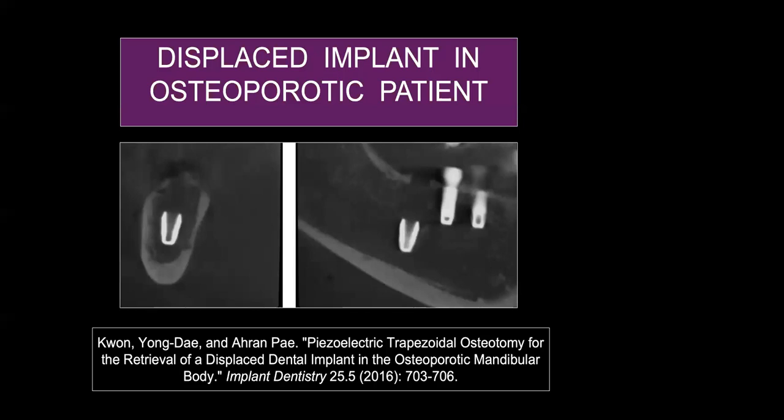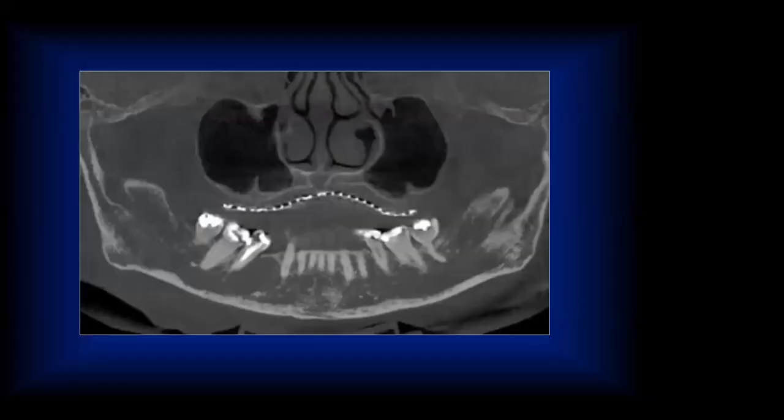Because of the poor cortical and trabecular bone, the implant actually was displaced inferiorly into a vital structure, the mandibular canal. So it does happen. You have to be very, very careful. If we look at how we treatment plan these cases or surgically alter this, we're going to want to under prep. We're going to osteodensify these patients.